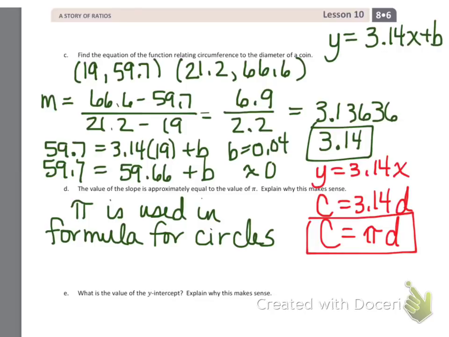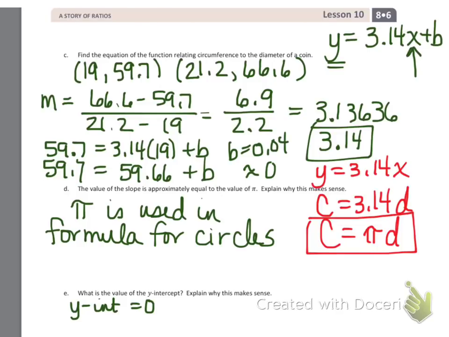What is the value of the y-intercept? So the y-intercept equals 0. Explain why this makes sense. Okay, the y-intercept is the value of the y variable when x is 0.